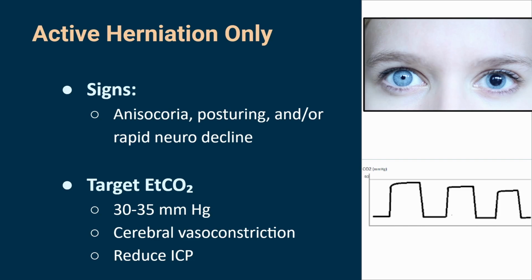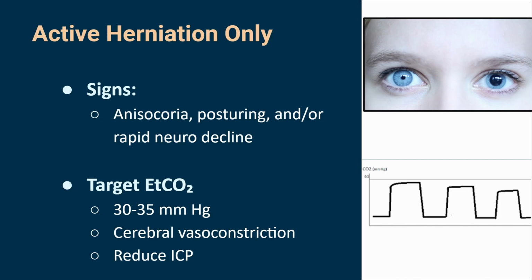Now we can also use end tidal in the presence of herniation. I want to move quickly through this so we've got time for some of the other things. Basically, if you've got a head injury patient, I look for anisocoria, posturing, or just a sudden rapid neurodecline. I get a guy that gets ejected from his vehicle. He's got a hematoma on the head. He was talking to me and now he can't. I'm suspecting he's got brain herniation. He's shutting off, right?